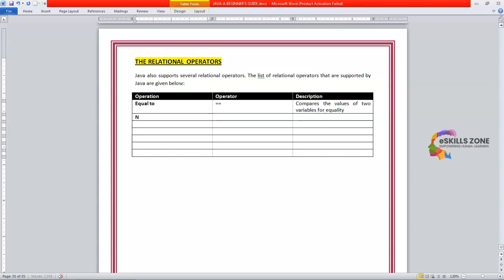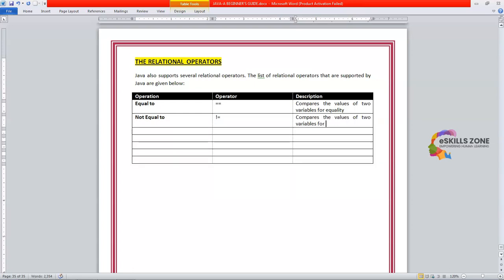Next one is not equal to, and the symbol is the same, the sign of exclamation and equal to symbol like we have used in C language, and it actually compares the values of two variables for inequality.